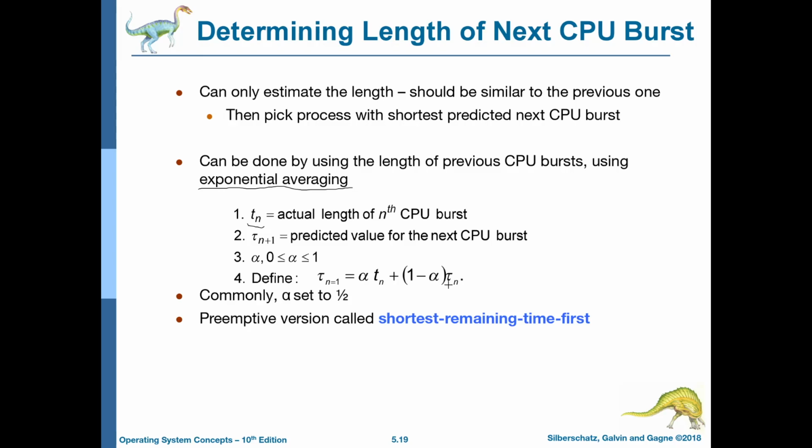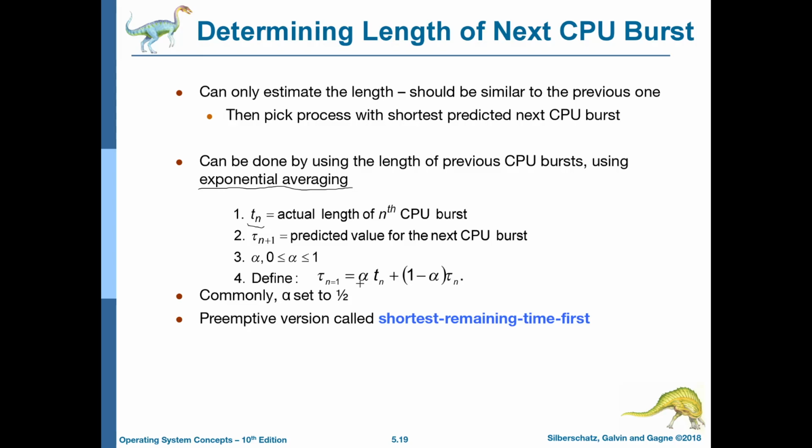from the last particular burst, or the actual last predicted value. So if the last predicted value was particularly low, that usually indicates that there were a lot of short bursts. But if the previous time that actually executed was very long, that is kind of an aberration from what was actually predicted last time.